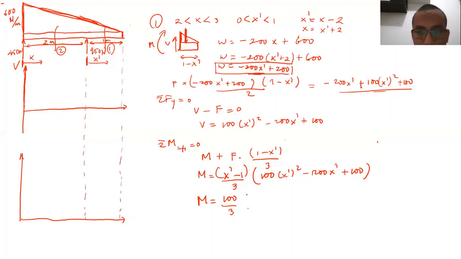So in that case, what I will have is x action to the power of 3, minus 2 x action to the power of 2, plus x action.